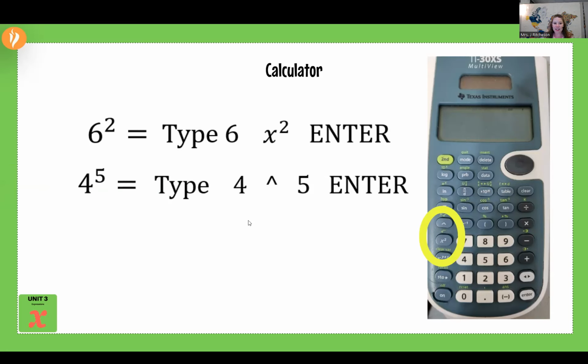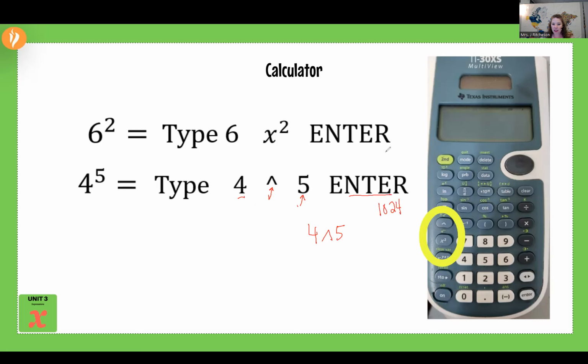So if you're ever trying to type exponents on your keyboard, and you wanted to show 4 to the 5th power, you would literally type it like that. And that's what that means, 4 raised to the 5th power. But anyway, if you have a calculator like this, type in 4, type in the caret button, type in 5, and then hit enter, and it will tell you the answer is 1024.